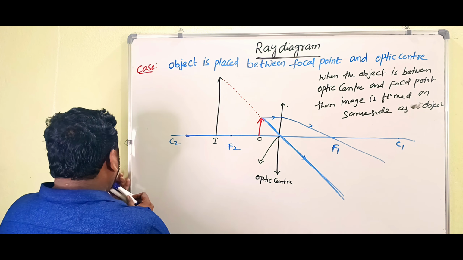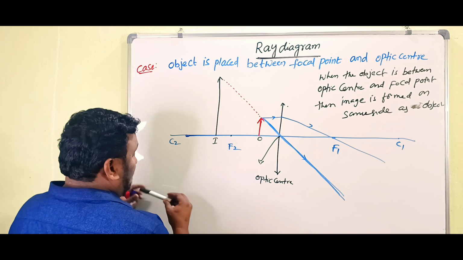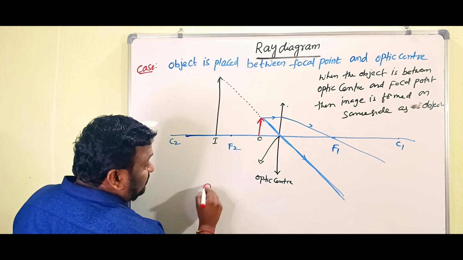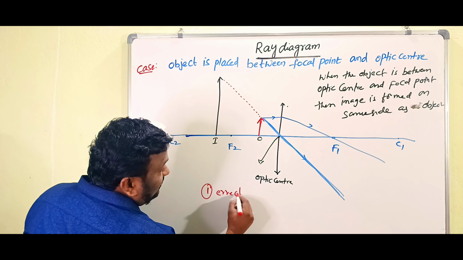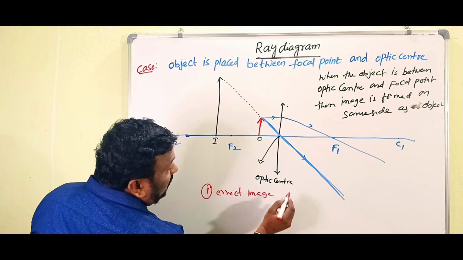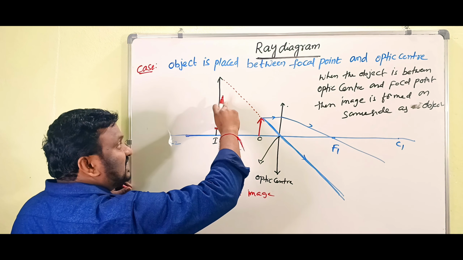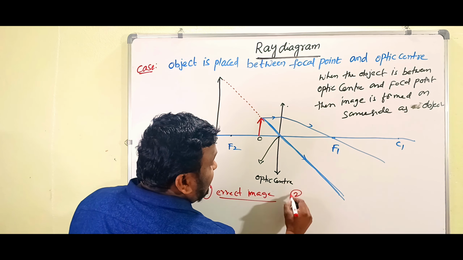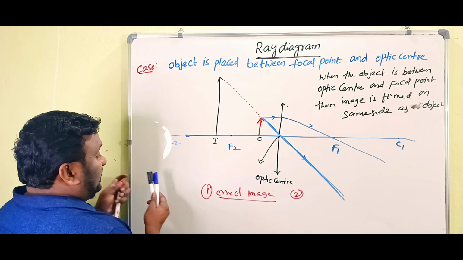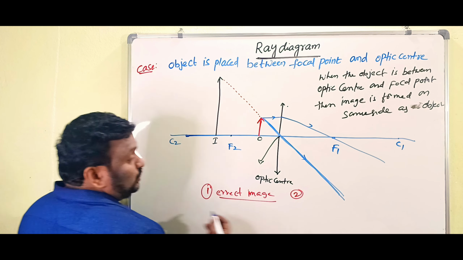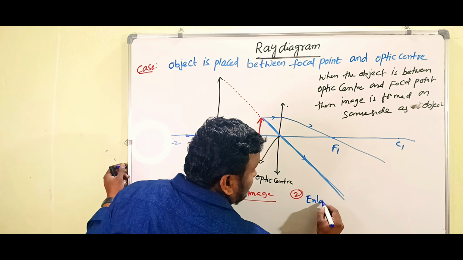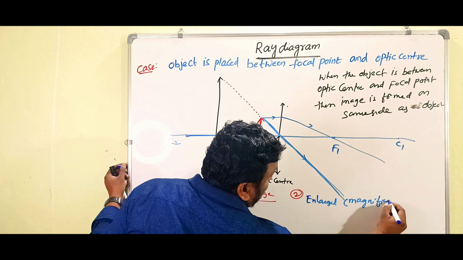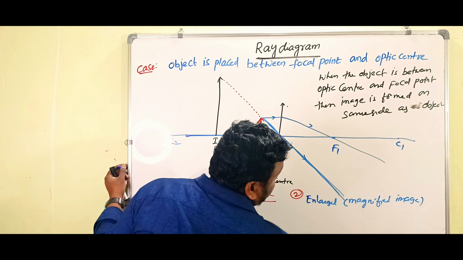So children, now the nature of the image. The first thing is it is an erect image. It is the same as the object, it is formed upright, so it is an erect image. The second thing is it is enlarged, also called a magnified image.